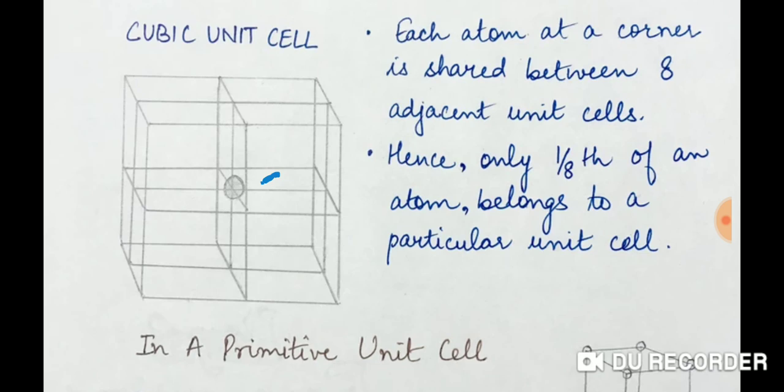So for example, an atom is kept at the center of this whole big lattice. When it is kept at the center, the number of unit cells of which it forms a part, which means the number of unit cells in which this atom is included, is equal to 8: 4 from below and 4 from above.